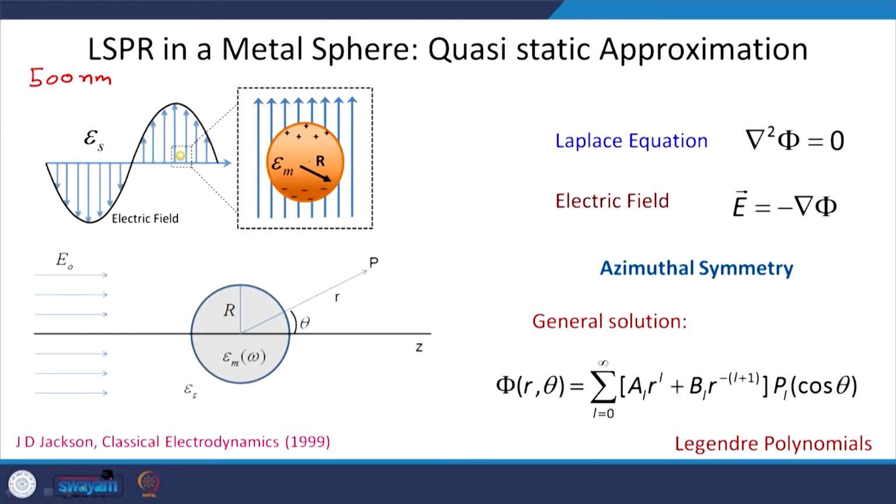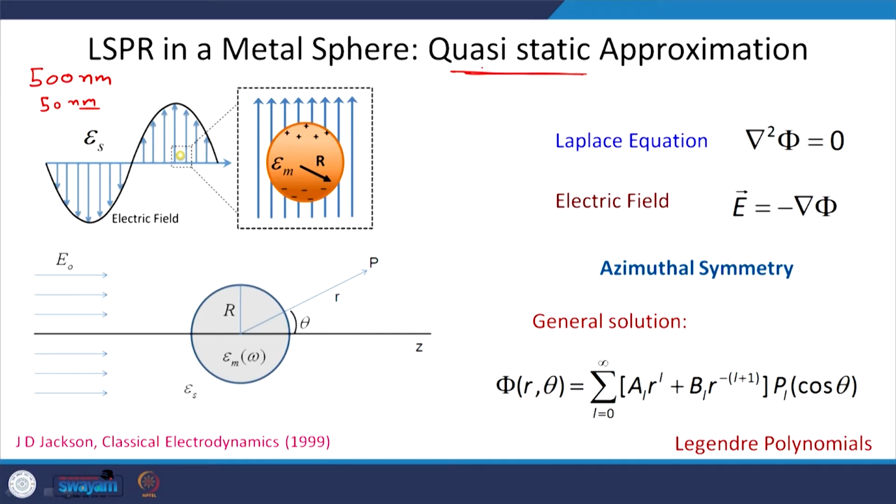Suppose our light is around 500 nanometers in wavelength, and this particle is around 50 nanometers, much smaller than the wavelength of light. So, we can approximate that the electric field which this metal nanoparticle is experiencing is almost constant. That is why we call it the quasi-static approximation.